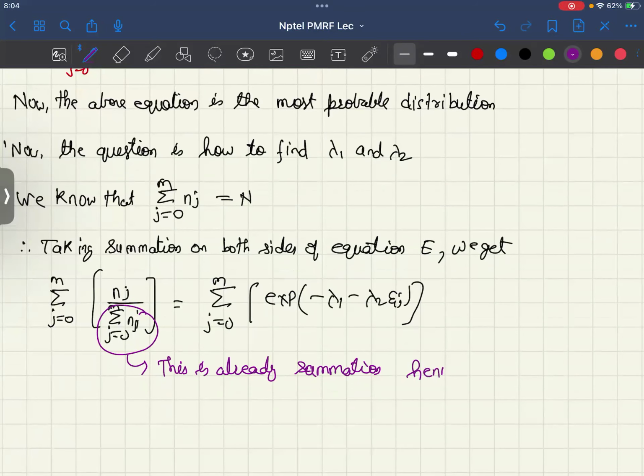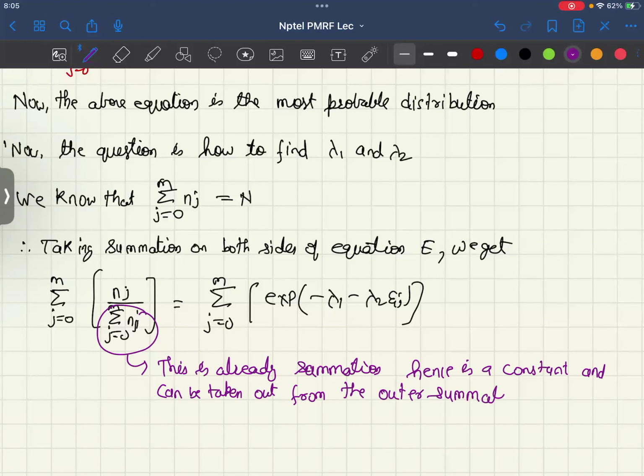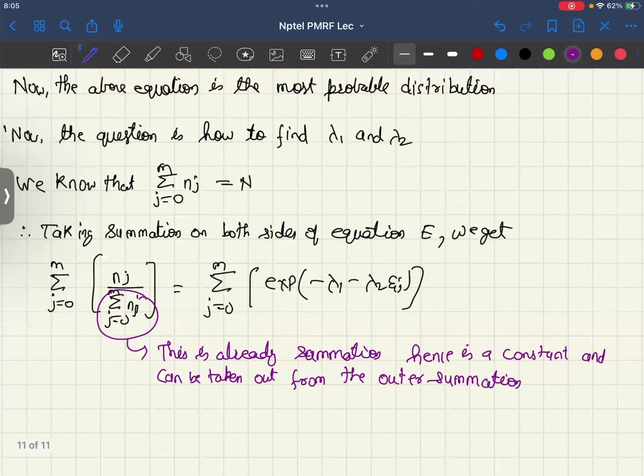Hence, this is a constant and can be taken out from the outer summation, right?